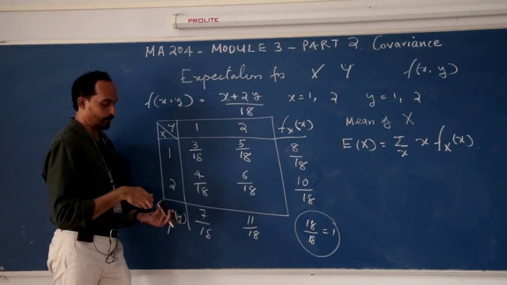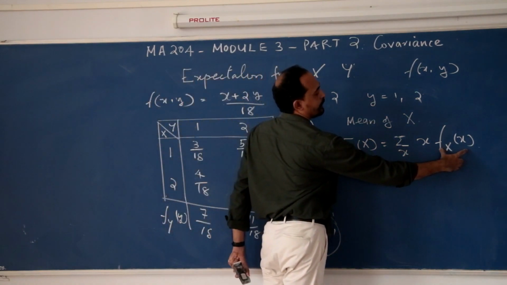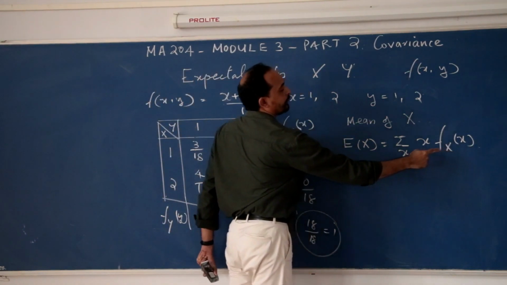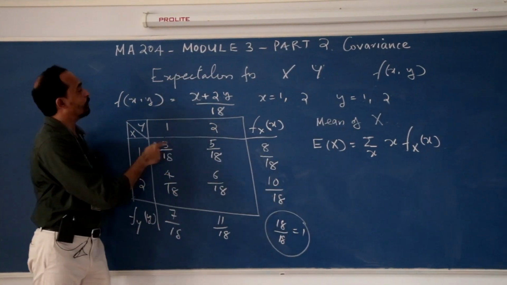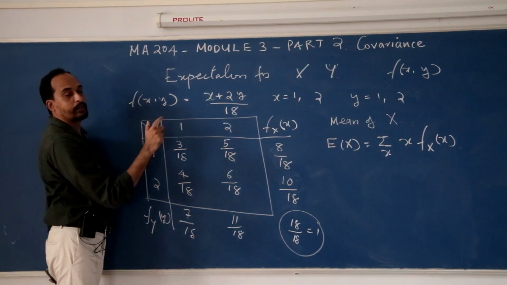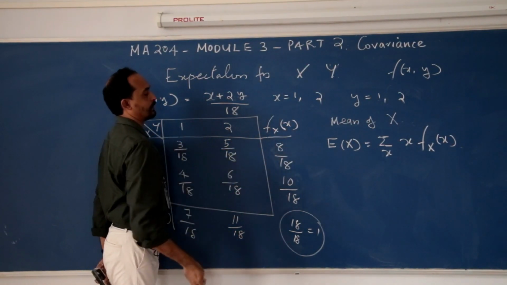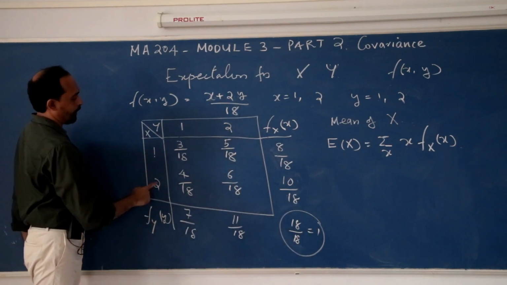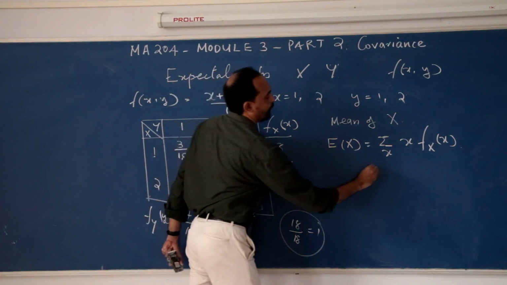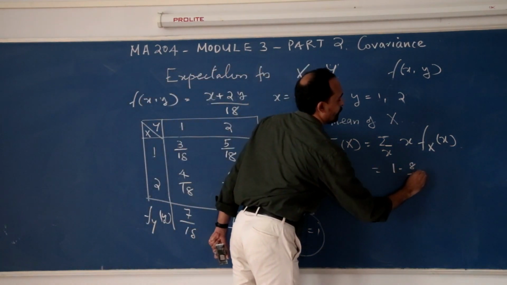In the previous module, expectation of x was sigma over x into f of x, where f of x was the probability density function of x. Here the probability density function of x is not given. Instead of that, we are taking the marginal distribution function of x, f(x) of x. So how to find the mean? x can assume the value 1 and 2. When x is equal to 1, the corresponding f(x) of x is 8 by 18.